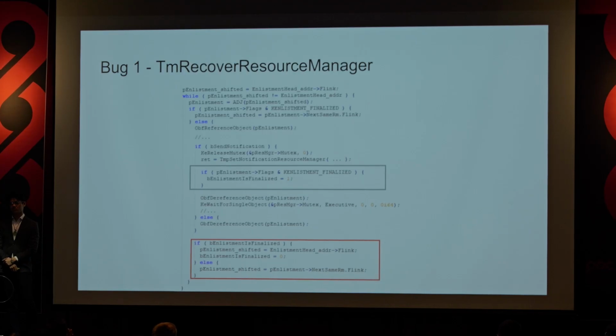But if it's not finalized, it will just use the next pointer from this current enlistment. But you can see a problem here. It could be detected as non-finalized, and then there is maybe a way to free it in between, and then based on the flag, it's going to assume it's not finalized and then reuse a freed chunk. So it's a use after free.